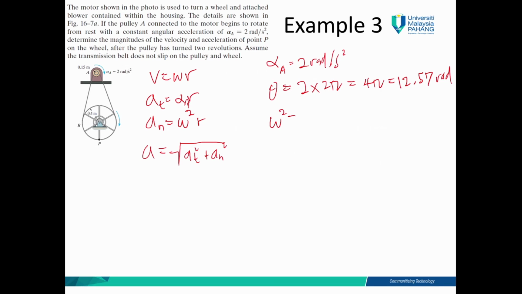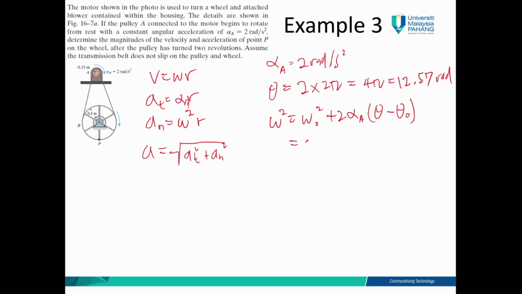Angular velocity to the power of 2 equals the initial angular velocity, if it starts from rest, it's 0, plus 2 times alpha, the constant acceleration, times the displacement minus initial displacement, which is 0 in this case.